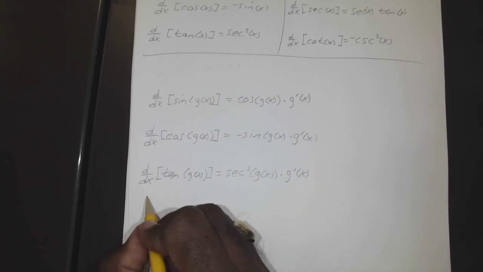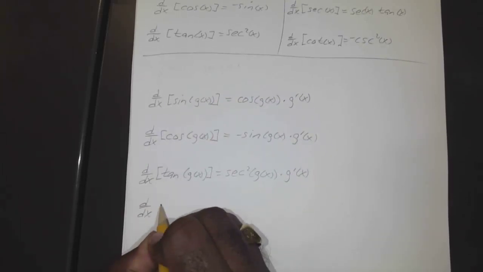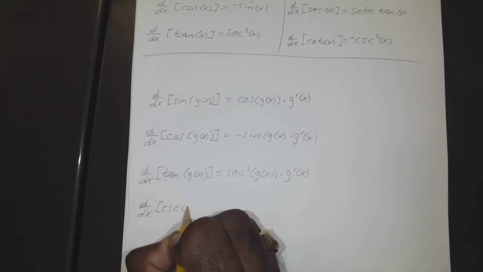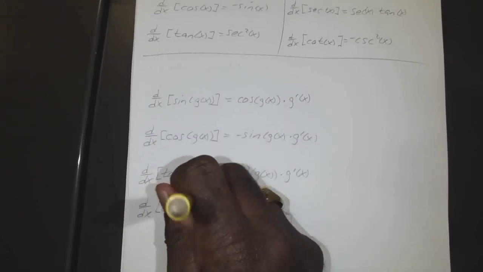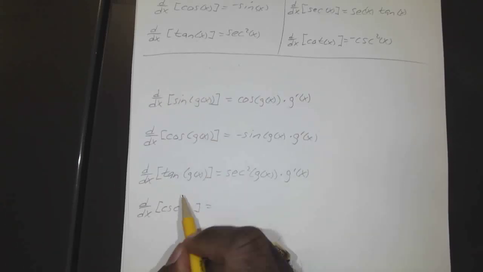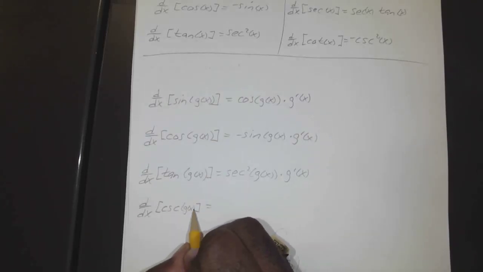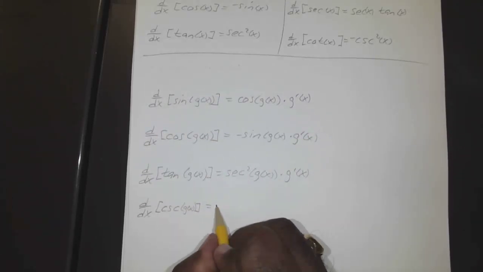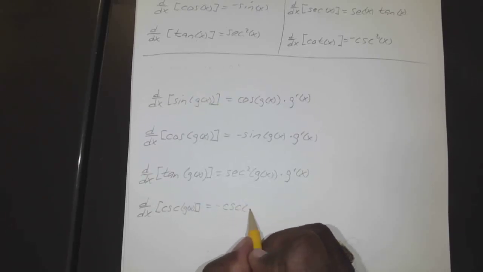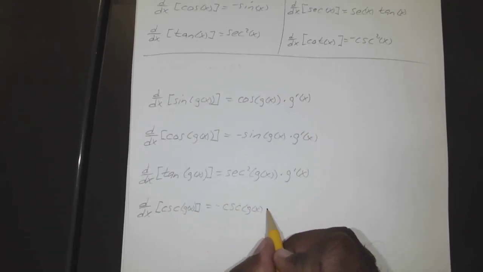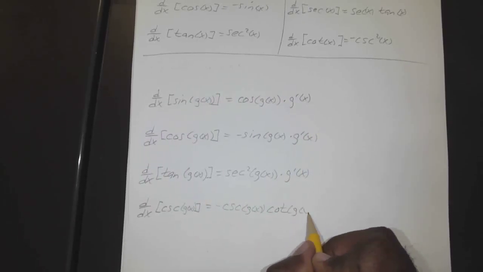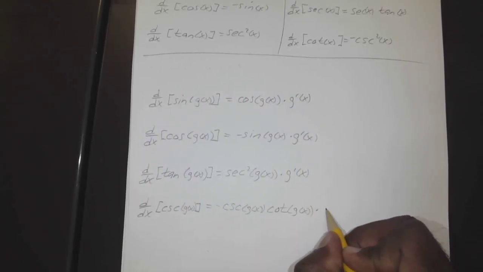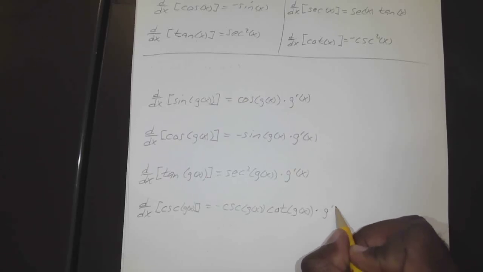And same with cosecant. That's going to equal negative cosecant of g of x times cotangent of g of x, all times g prime of x.